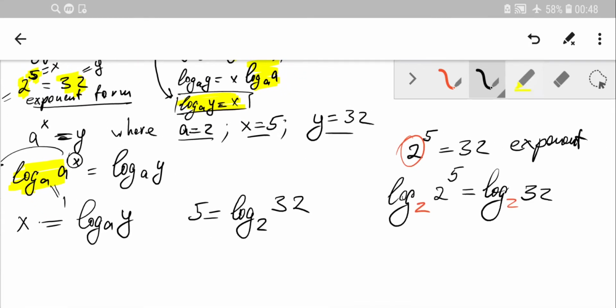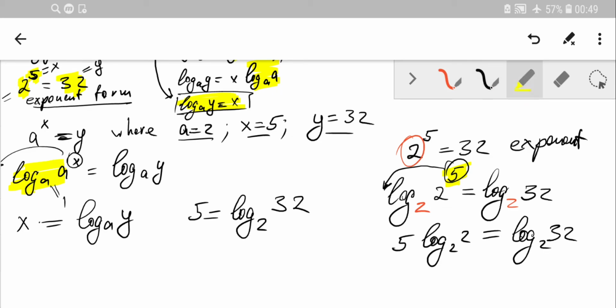And what we're going to do is say that this 5 goes in front, by a specific property, I'll tell you later why. Right now we just need to understand techniques to get quick and fast at solving these sorts of problems. So 5 goes in before, and we stay with log 2 equals log 32. This is 1, and that's why you will have 5 equals log 32.